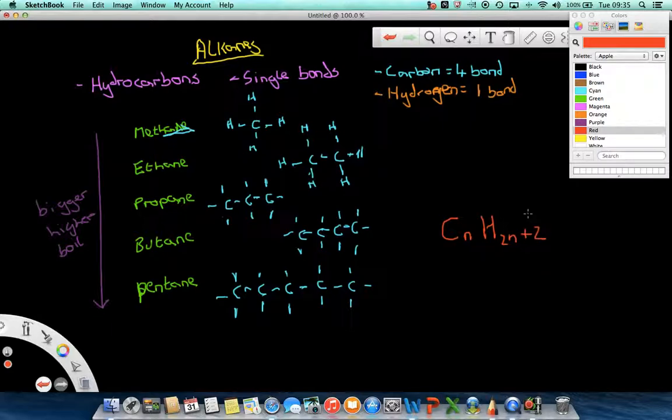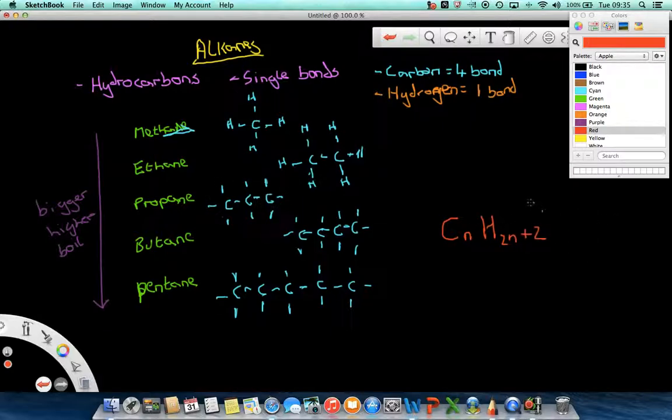Okay, so if we look, we got 1 carbon, so if n is 1, H should be 2 times n plus 2. So 2 times 1 is 2, plus 2, 4. If we look at this one, 2 carbons, so n is 2, times 2, which is 4, plus 2, 6. Yeah, and so forth.